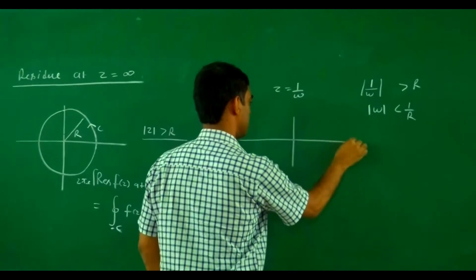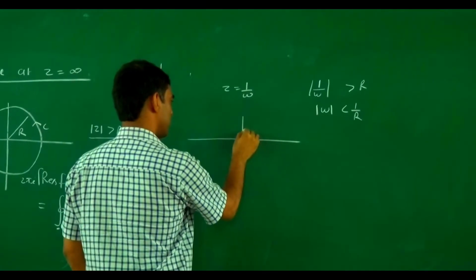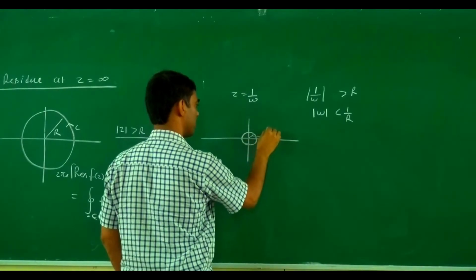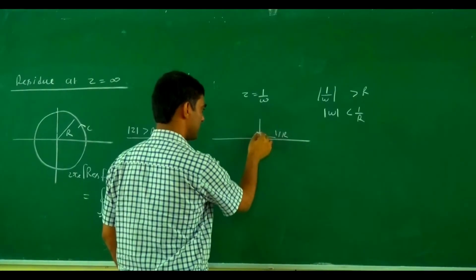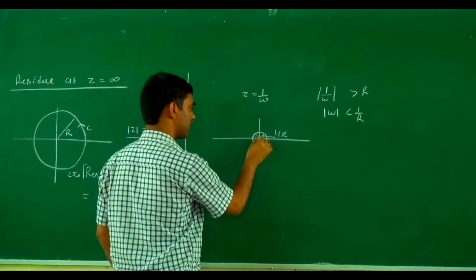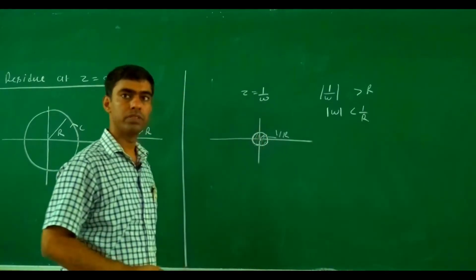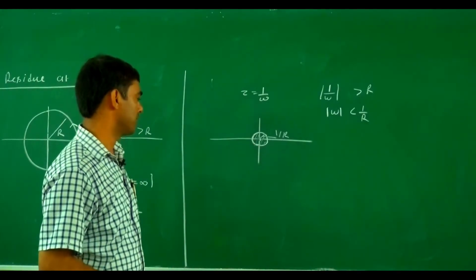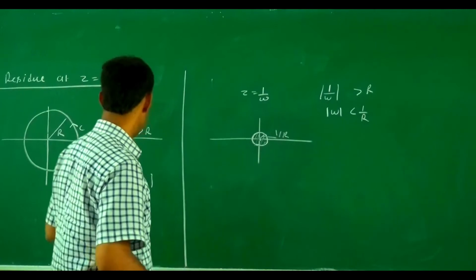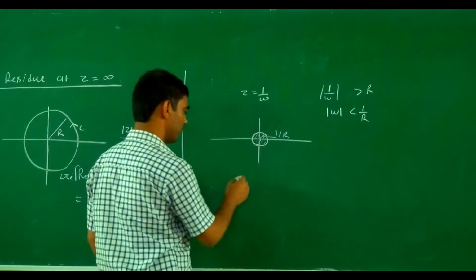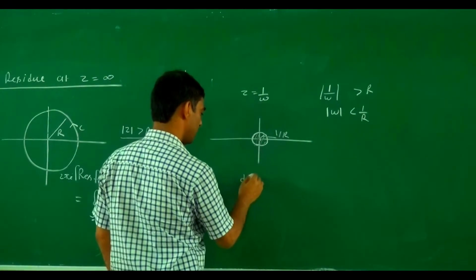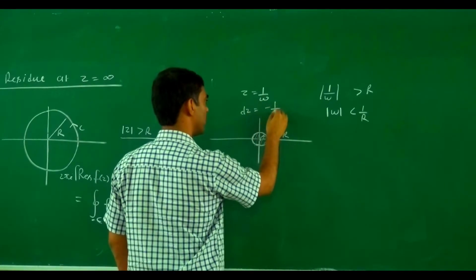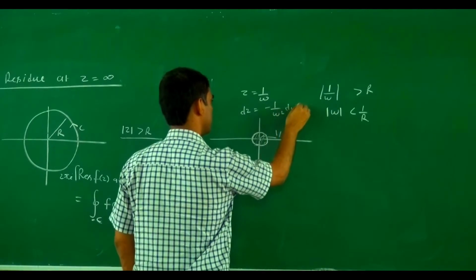Here there is a small region of radius 1 upon R. Inside this region, except w equal 0, the function is analytic. If z equal 1 upon w, then dz equals minus 1 upon w square dw.